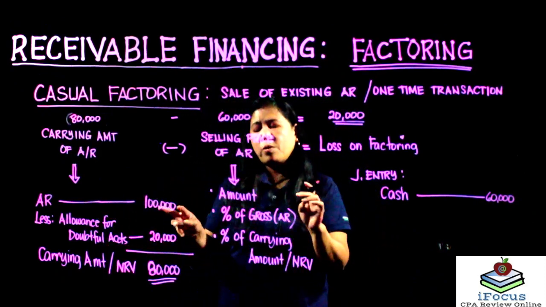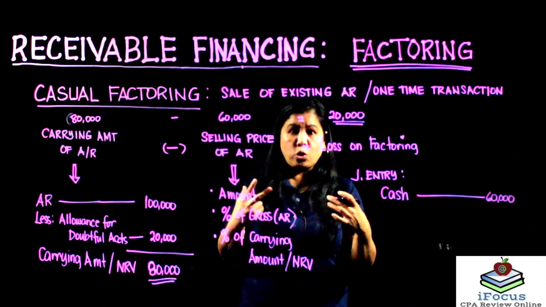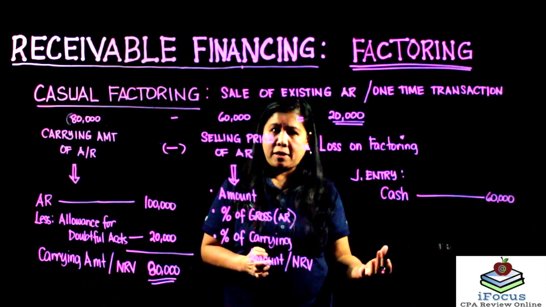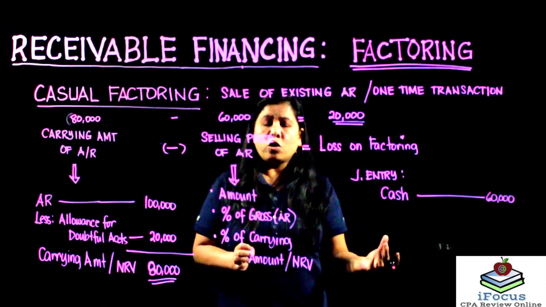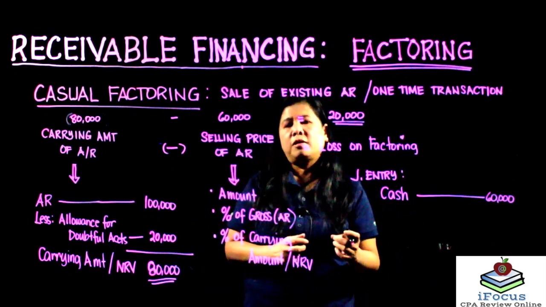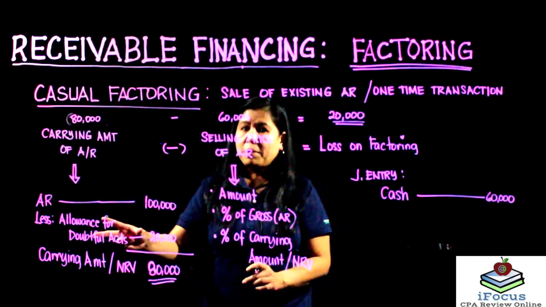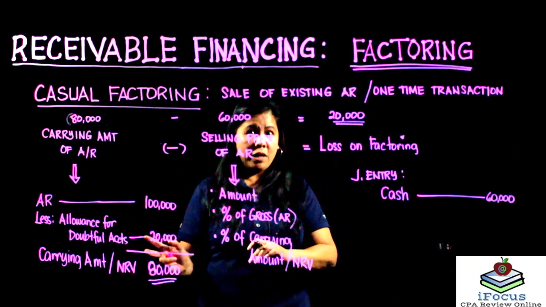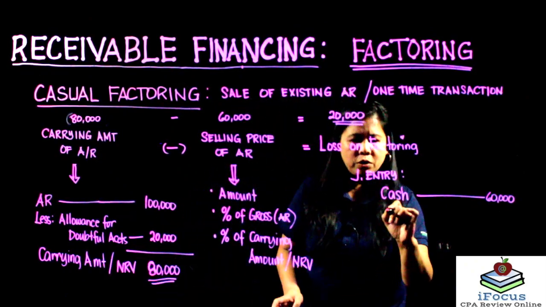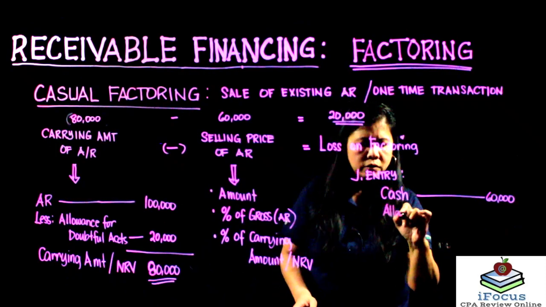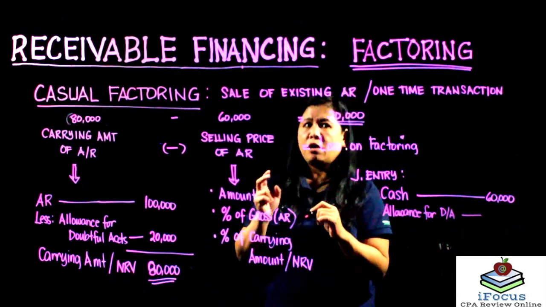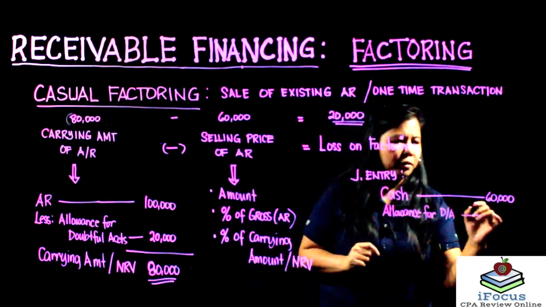So remember, our allowance for doubtful accounts, normal balance is credit. Kung aalisin mo na siya sa iyong accounts dahil binenta na natin siya, i-debit natin ang ating allowance for doubtful accounts of 20,000.